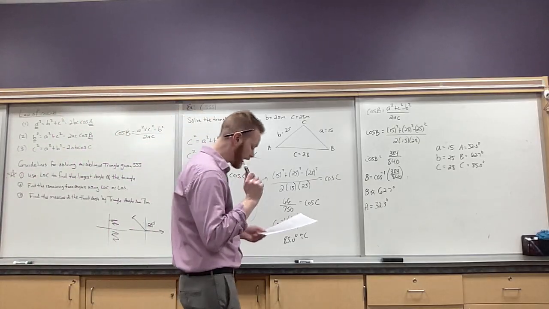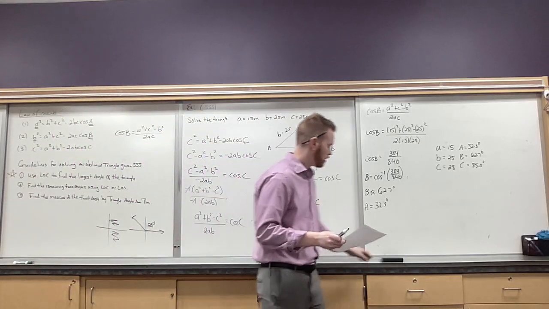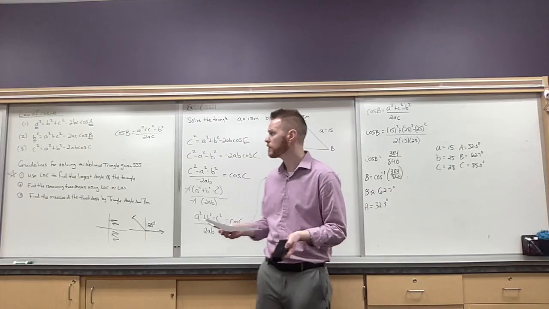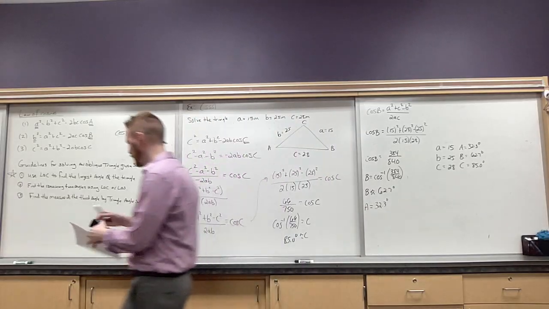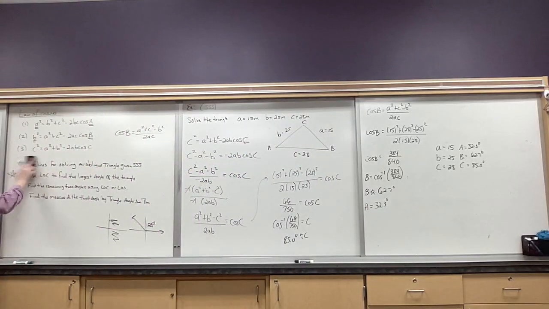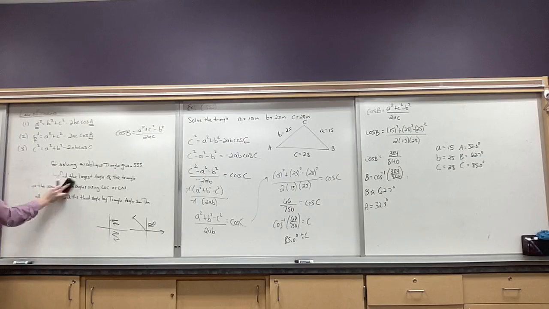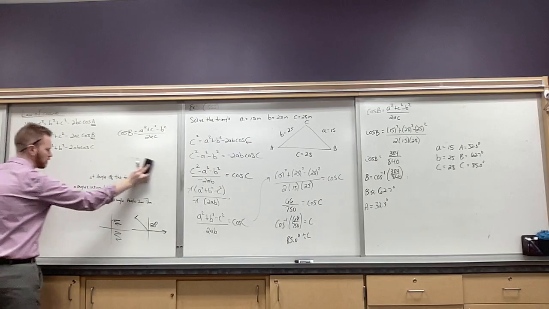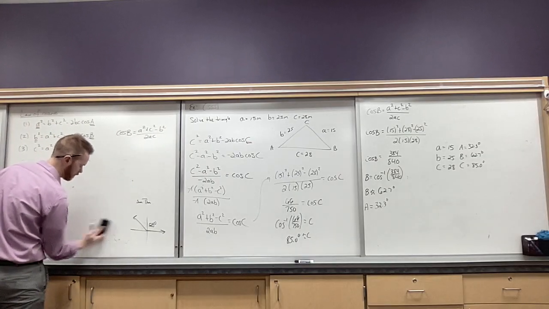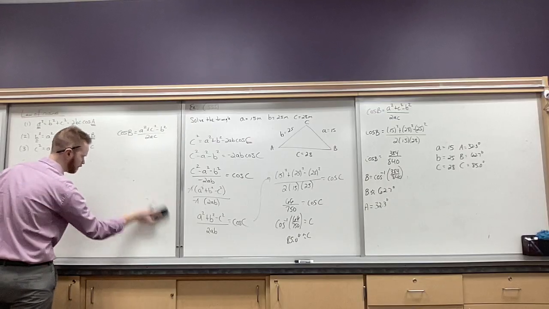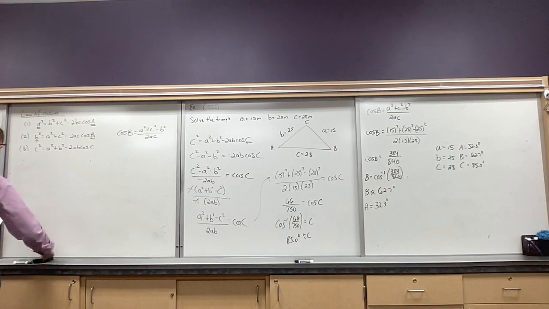Okay, I want to do an application problem with law of cosines. So let's go ahead and tackle that. Again, I'm going to leave the formulas up here. So here it is.